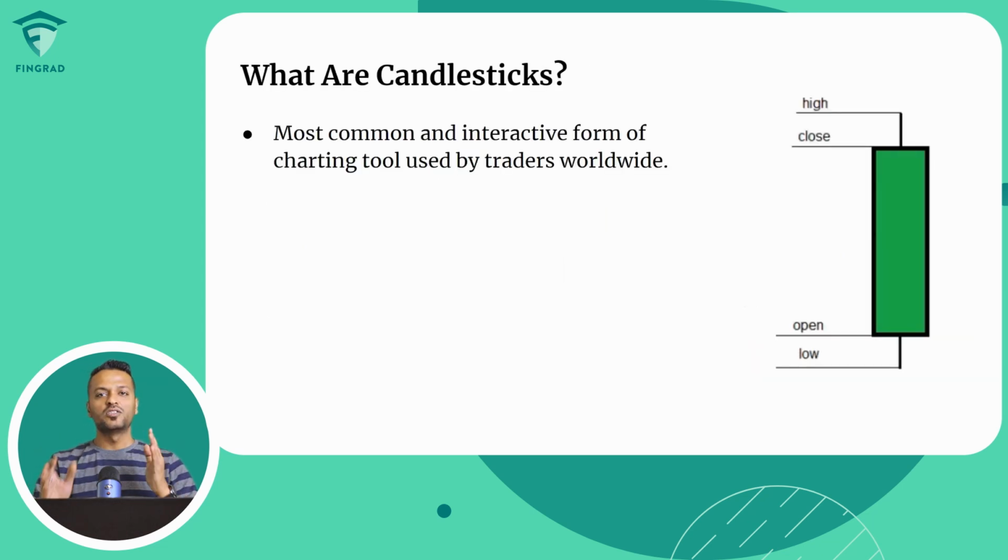Now, what are candlesticks? Candlesticks are the most commonly used and the most interactive form of charting patterns. You have line charts, you have bar charts, but they don't provide as much information as a candlestick would. A line chart is just plotted by joining the closing points for a day and you get an overall idea about what the market looks like on a closing basis.